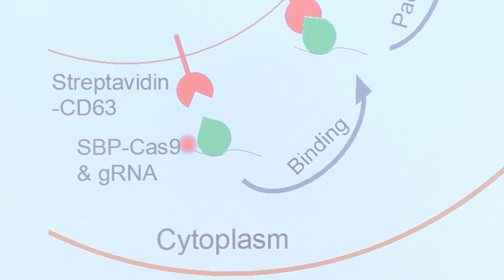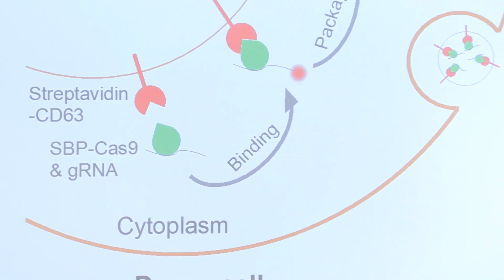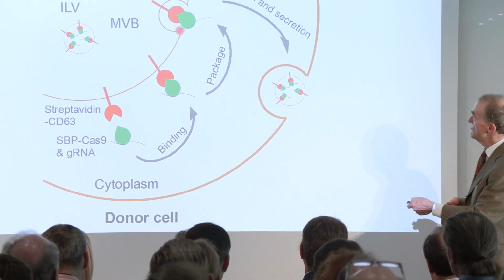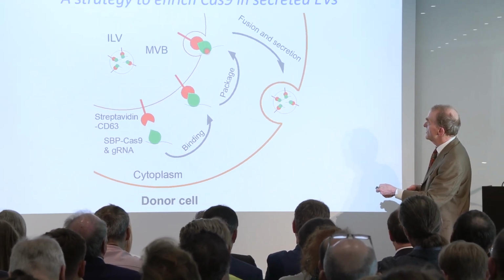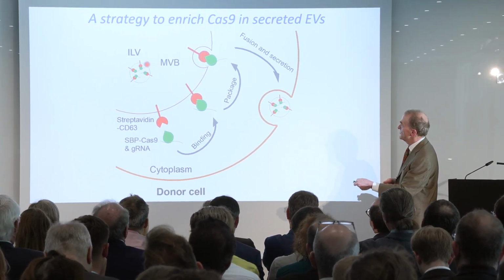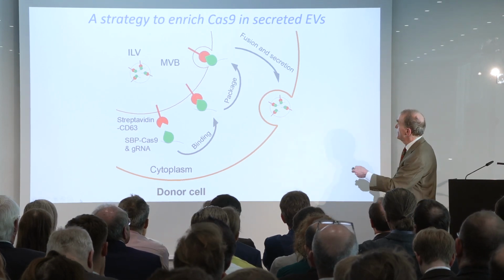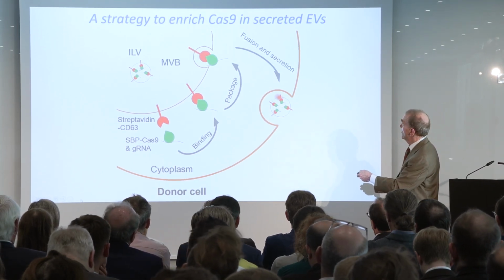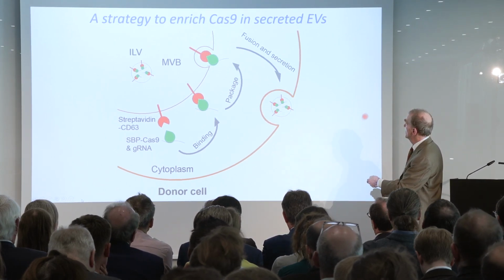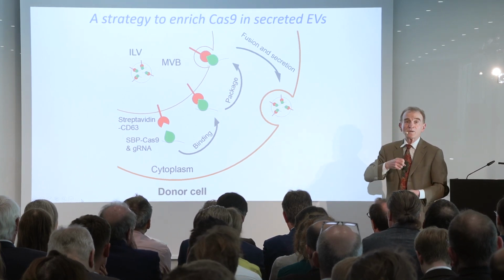Under these conditions, we expected that the streptavidin binding protein would adhere to streptavidin and carry Cas9 and a guide RNA piggyback into invaginations that bud into the interior of the endosome, allowing a multivesicular body eventually to accumulate vesicles that had an enriched population of Cas9. And then, under conditions that cause these endosomes to fuse at the plasma membrane, we would be able to isolate from the conditioned medium a pool of these vesicles that had Cas9 inside. We were able to do this.